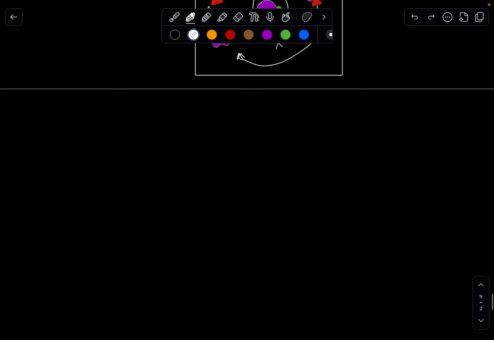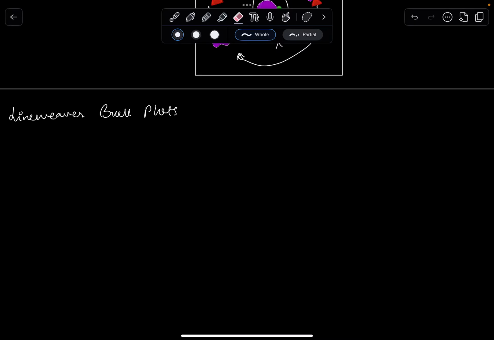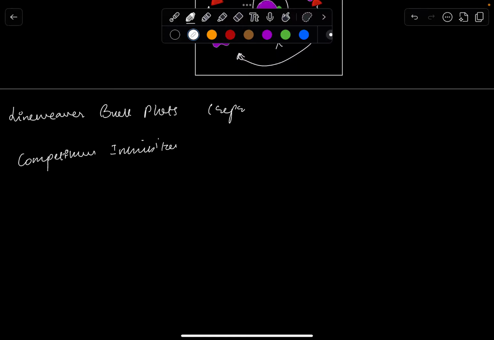And so this is where we get the Lineweaver-Burk plots. So for my competitive inhibitor, what would this graph look like? Now here's the thing. The Lineweaver-Burk plot takes the reciprocal of my y-axis and x-axis from these graphs.